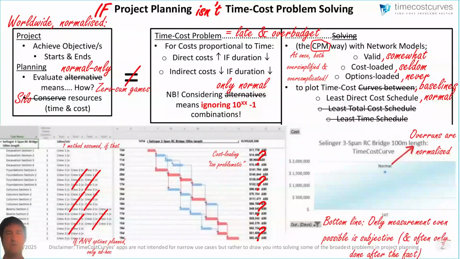If you don't solve the time cost problem, you're just making some assumptions which may or may not be valid. Okay, and what we consider, if we do it this way, we're only considering one single schedule, the normal way. And all of the alternatives, which you should be considering, are being ignored.